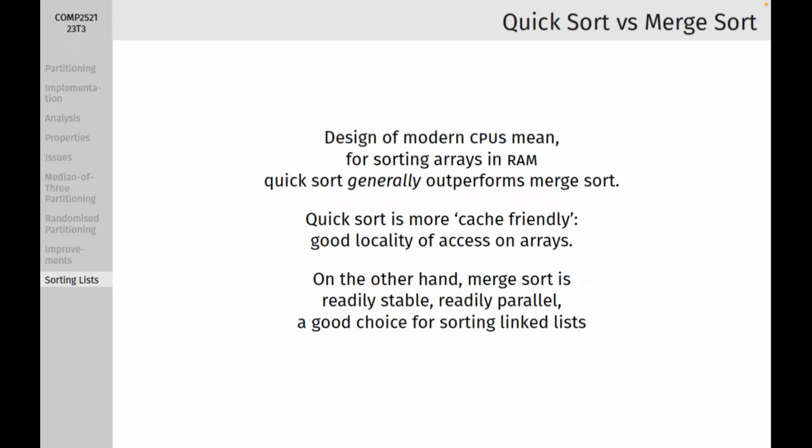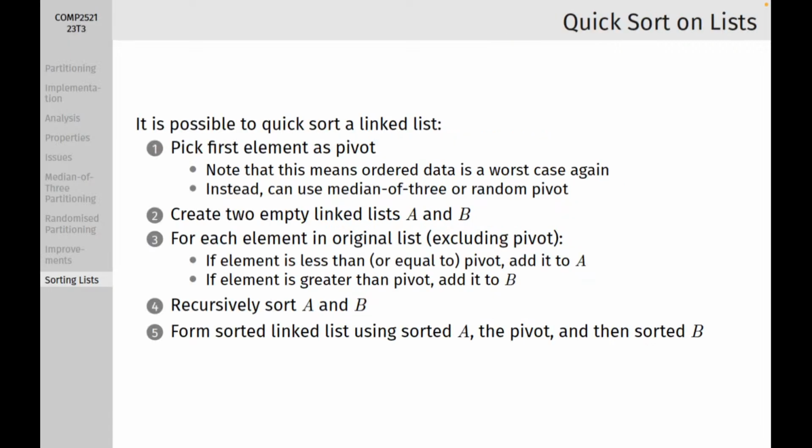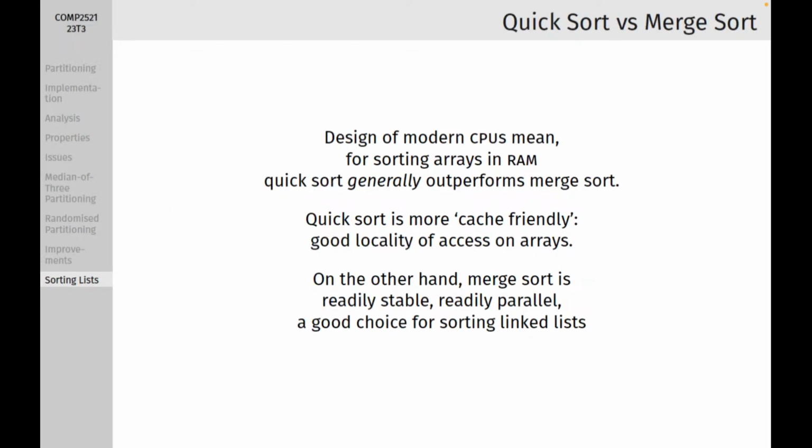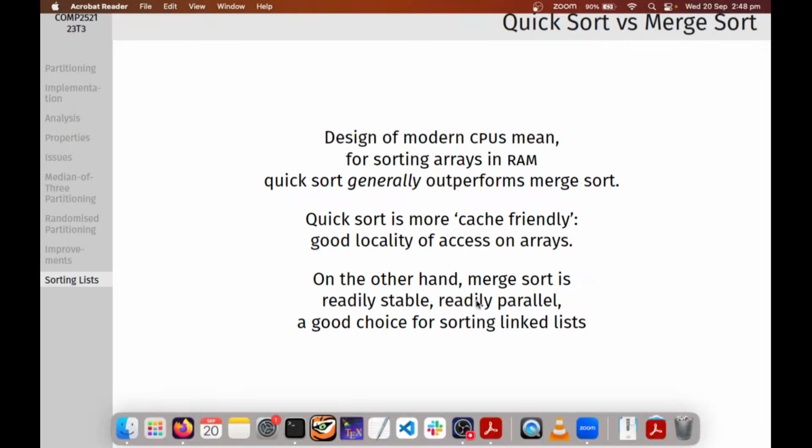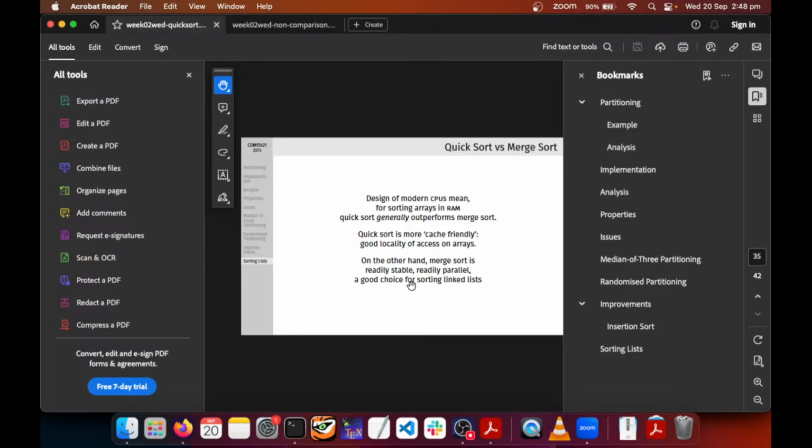Yes, there is a way to implement quicksort with linked lists. Okay, so that's it for quicksort. Before we move on, I think we'll take a 10-minute break, and then we'll get back to it.